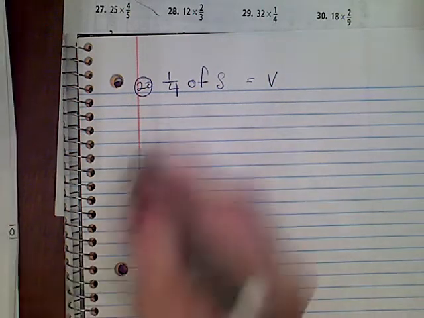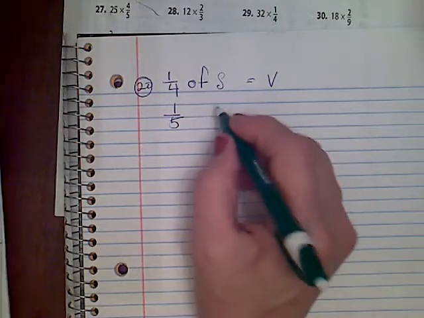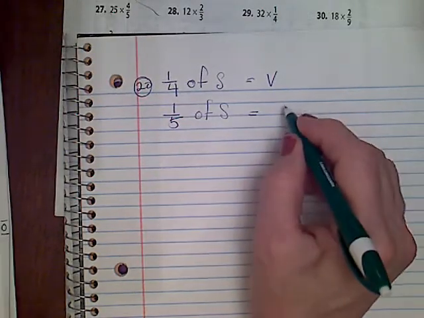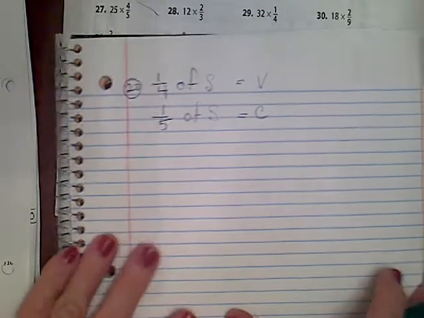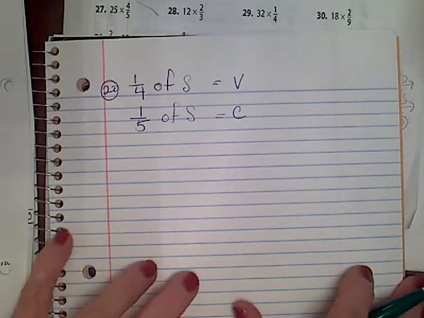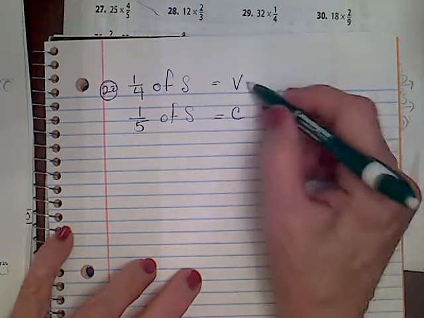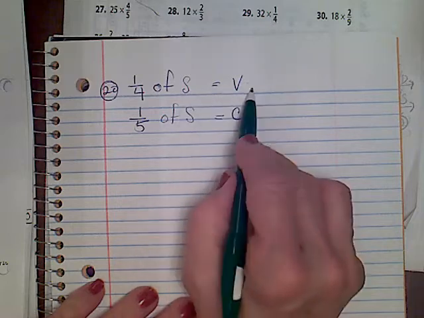And then it goes on to say 1/5 of the students play the cello. And our final question is, how many students play the violin? So the viola and the violin are completely different. So let's go ahead and find this first.